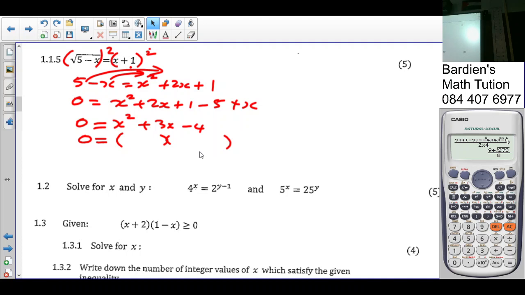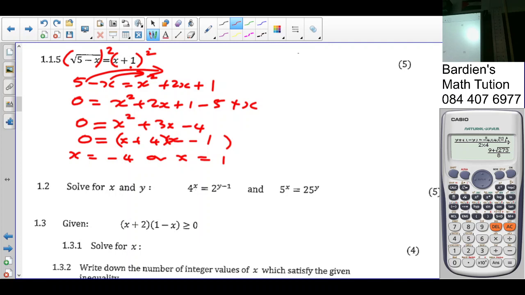You can apply the quadratic formula safely. So if you factorize it, it's going to give you 4 and 1, plus and minus. So x plus 4 is equal to 0, so x is equal to minus 4. Or x minus 1 is equal to 0, so x is equal to 1.